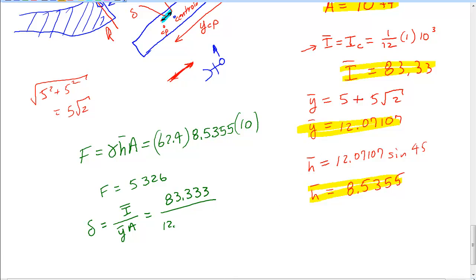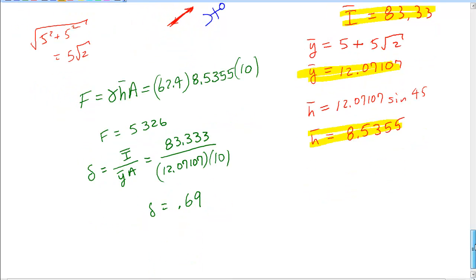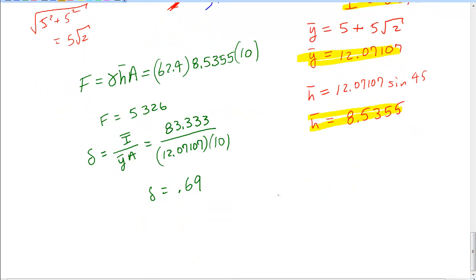Y bar of 12.07107, an area of 10. So 83 point bunch of 3's divided by 12.07107, and divide another 10 into there, and so I get a number of about 0.69 and some smaller other numbers. What does this mean? Well, here's what it means. I have a gate.